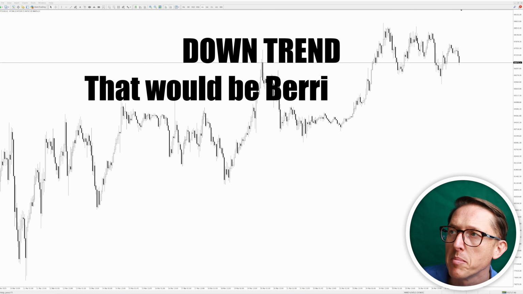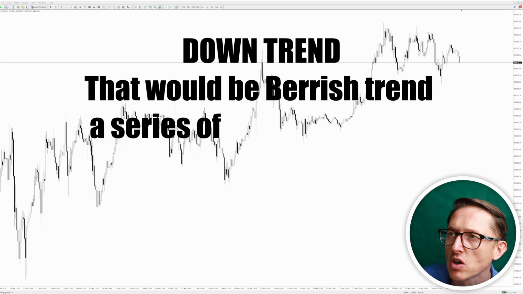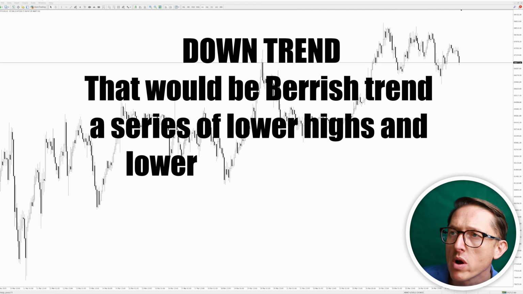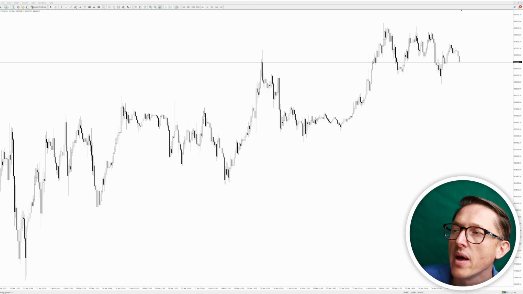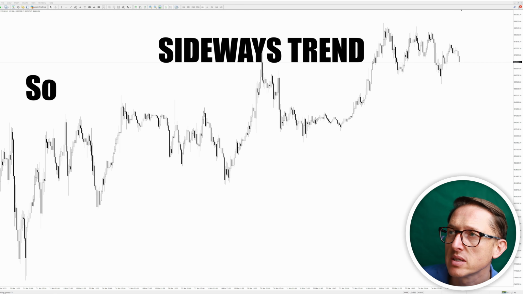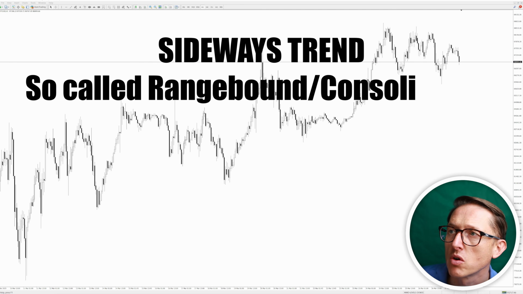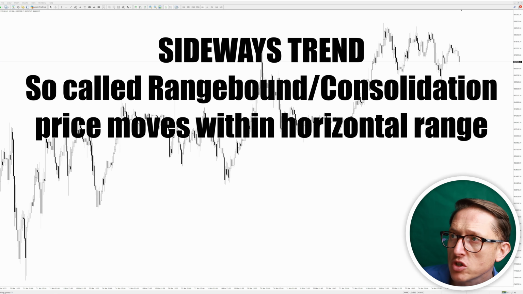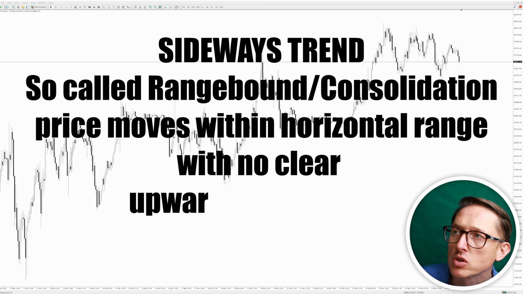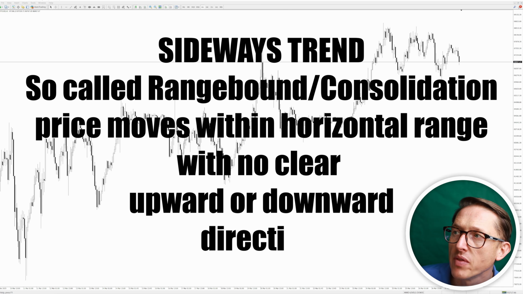Downtrend, that would be a bearish trend, a series of lower highs and lower lows, indicating decreasing price. And there can be a sideways trend, so-called range-bound or consolidation. Price moves within a horizontal range with no clear upward or downward direction.